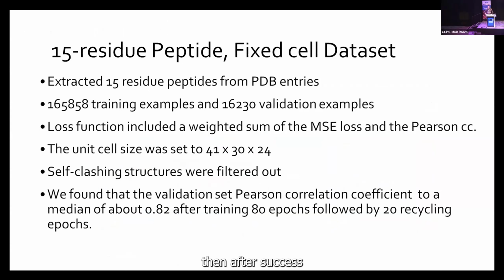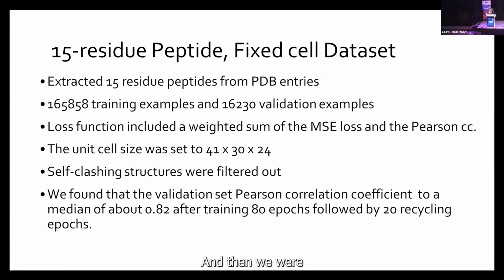After success with the transformer, we moved to a larger structure. Instead of just dipeptides, we're extracting 15 residue segments from PDB entries and using that to create variable sized unit cells.